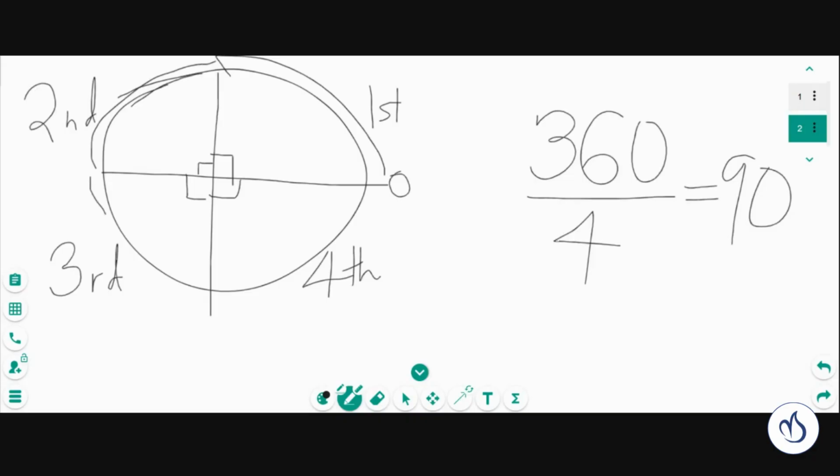When I continue, I get 270. And then finally, when I add the last 90, I get 360 degrees. So each quadrant is 90 degrees.